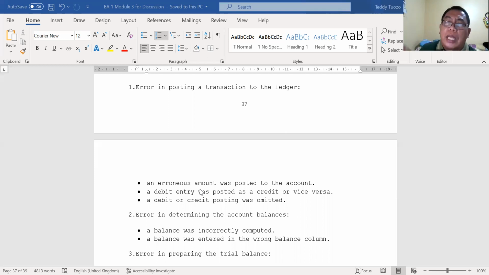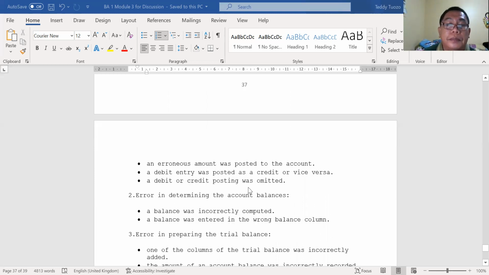Any tick mark, pwede X, pwede check, or pwede amuranan reverse check, no? At kibali paubos siya instead of pataas na check. Ana siya. So dapat that signifies na na-post na jaon nimo na entry dito sa ledger. Okay, that is the third one, that the debit or credit posting may be omitted.